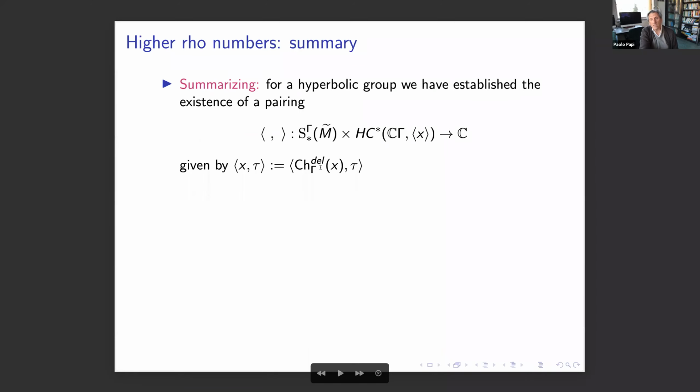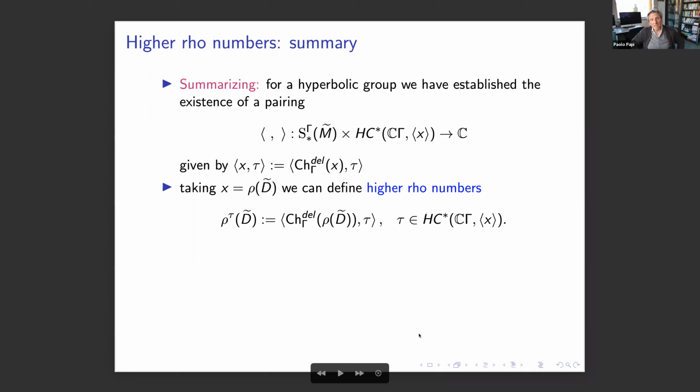Namely, how do we do it? We take the delocalized chern character that I explained before, and then we pair. Okay, the delocalized chern character lands in cyclic homology, or noncommutative de Rham homology, and then you can pair. Okay, this is the fundamental step.